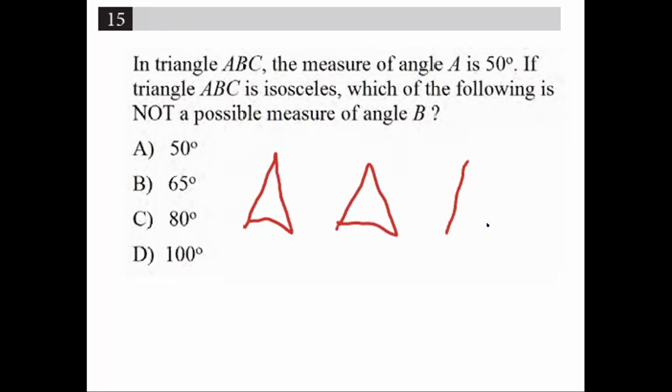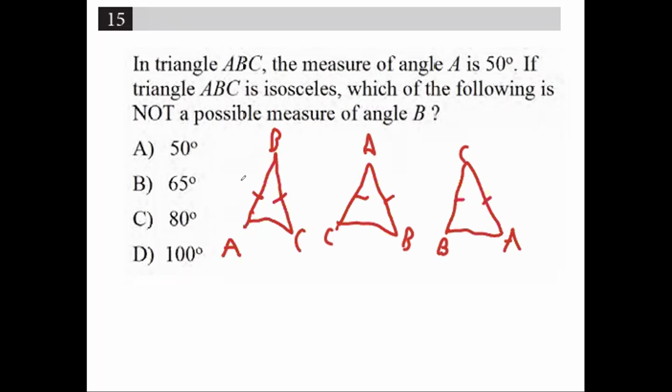All these are isosceles, meaning two side lengths are the same. One is A, B, C, one is A, B, C, and one is A, B, C. So these are the three combinations that are possible for this triangle.